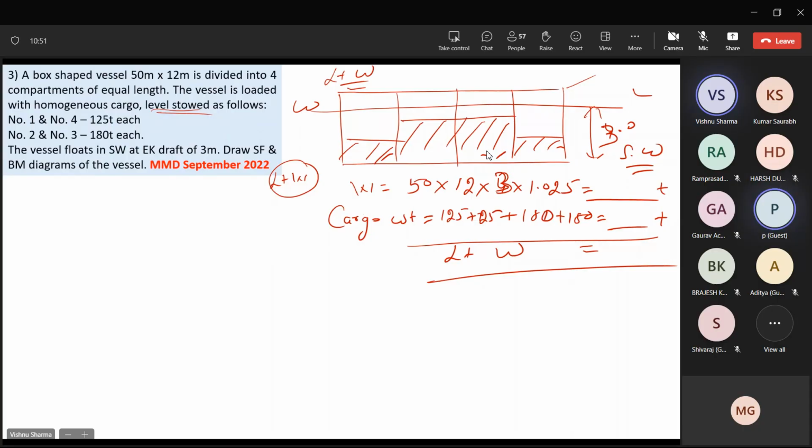And by law of flotation, you can get the light displacement and then proceed with the question. Clear, beta? Anybody has any doubts on question number 3? Tell me, guys. So that means light displacement will have to be calculated. The idea of reading through these questions is that these variations don't catch you by surprise.